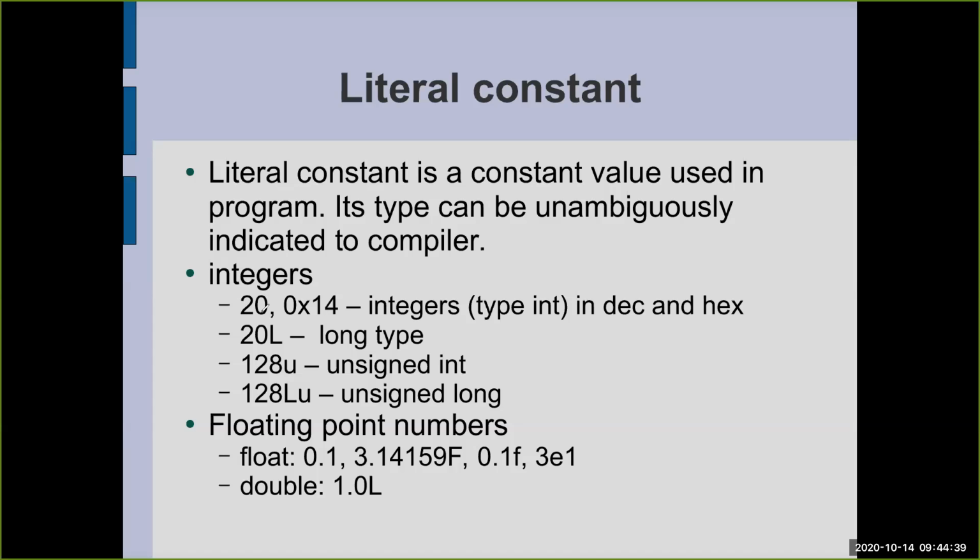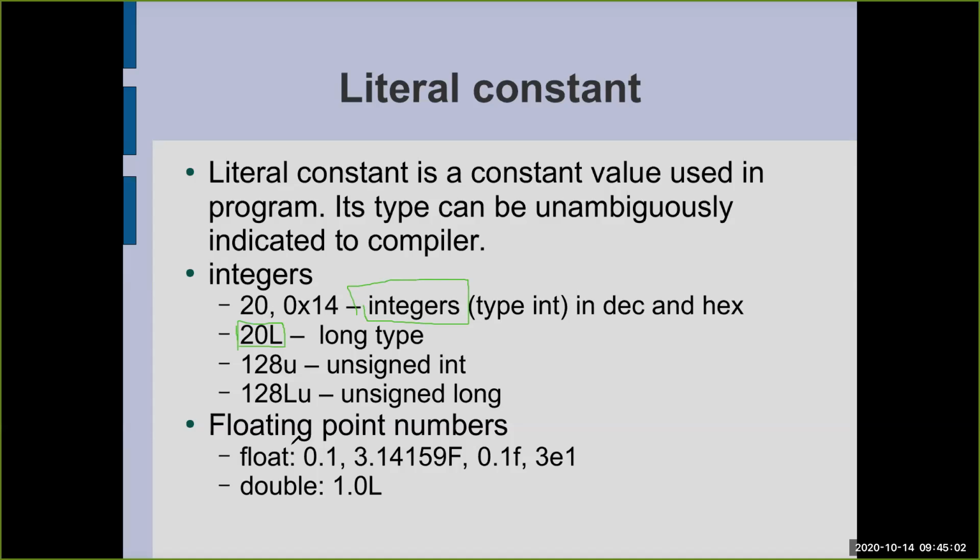So when you write 20 in your program, the compiler treats this value as integer type, so as a 4-byte value. But if I write 20L, with capital L, it will be treated as long.